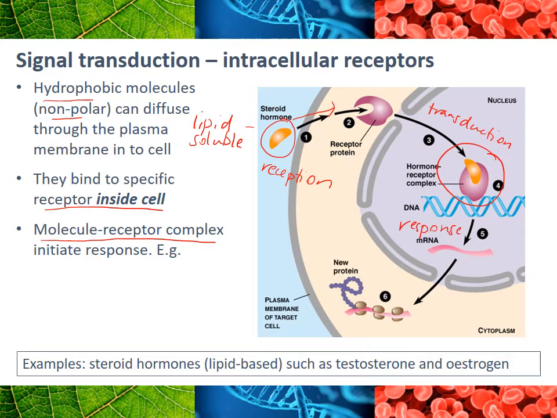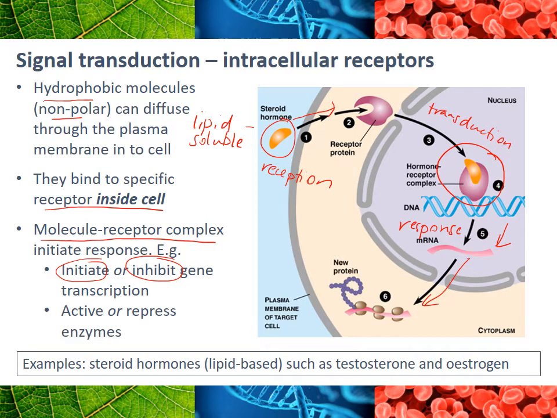It is important that you know a few examples of what a response might be. What might a cell do as a result of a signal that it has received? So there's 2 things it might do in terms of gene transcription. A signal may initiate or inhibit gene transcription. So it might turn on or turn off a gene. And in this example, it's turning on the gene because we're going from DNA into mRNA. So it's transcribed, and then that will end up going through to translate a protein.